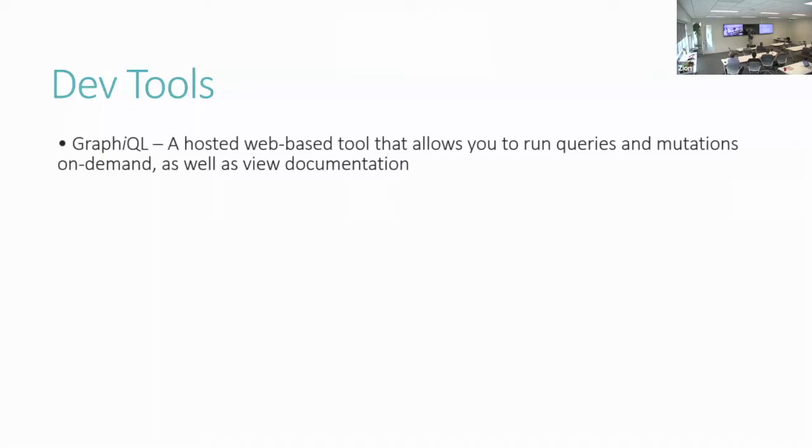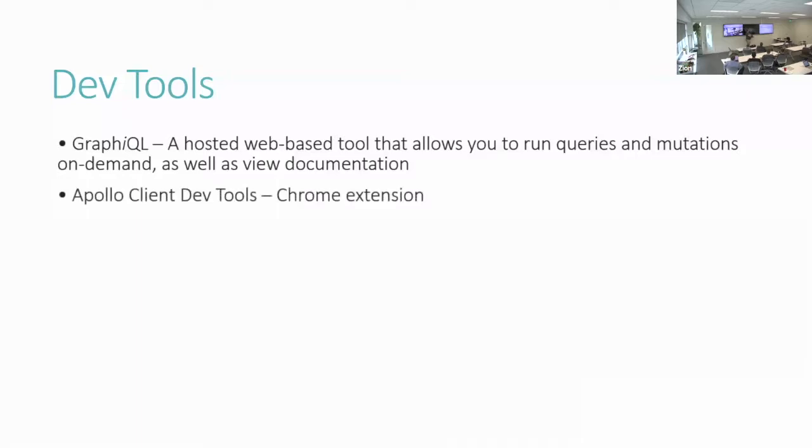It allows you to run queries and mutations on demand, as well as view your documentation. So it's basically like a sketch pad that you can use to sketch out your queries before you define them in your Android app. It's pretty cool, and I'll go over that in the demonstration in just a moment. And I'll show you how GraphQL organizes the documentation in your GraphQL endpoint as well.